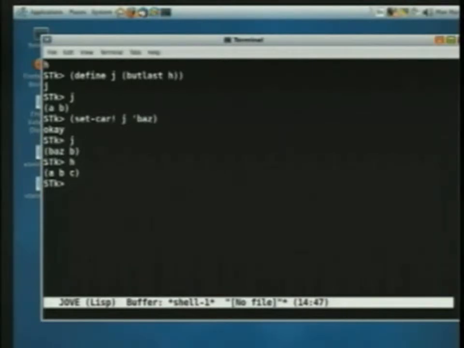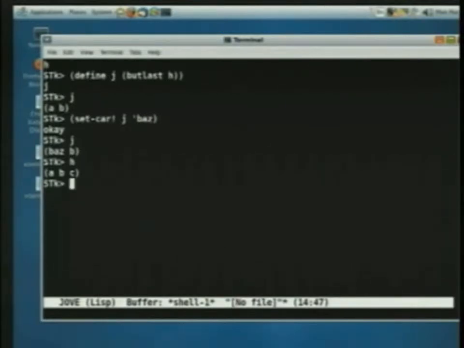And so if the user of metacircular Scheme uses the set! special form, we end up set-car!ing or set-cdr!ing, I guess, a piece of a frame in the environment. Okay?